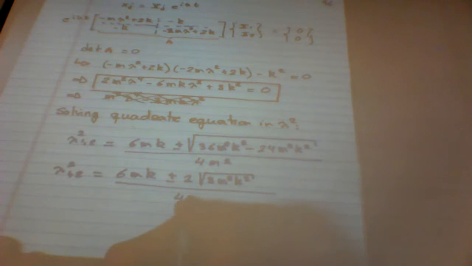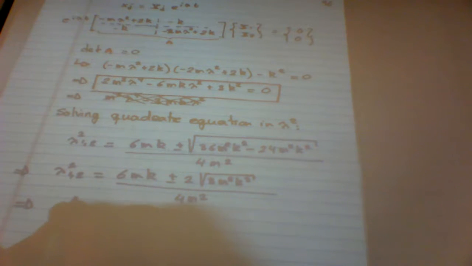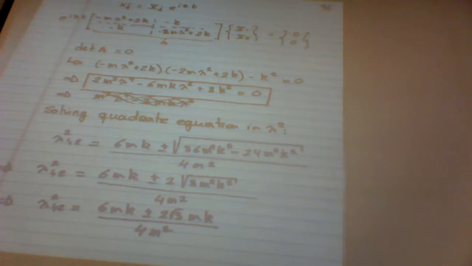Divided by 4 m squared, so it's not going to look that pretty. 6mk plus or minus 2 square root of 3 mk divided by 4 m squared. So we could cancel almost the m's over here.